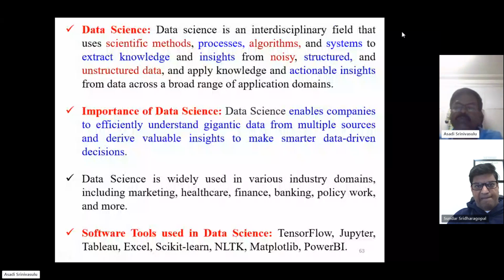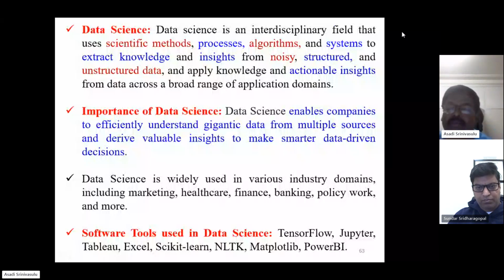That's why data science is widely used in various industries and domains, including marketing, healthcare, finance, banking, policy work, and many more. Weather forecasting, traffic data analysis, climate change experimentation, groundwater data, pollutants. Everywhere we can use it. Wherever data is there, we can apply data science tools and techniques. So what are the software tools used in data science?